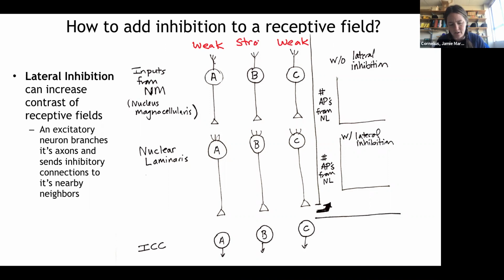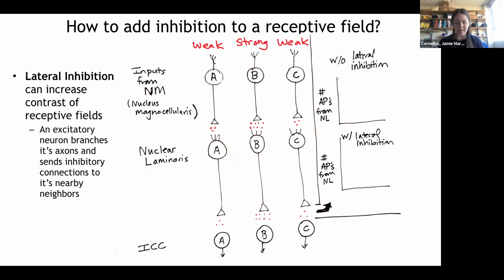And so you get strong excitation coming out of B. You get a lot of neurotransmitter out of B because it's the most excited, and then you get a little bit out of A and C because they're weakly excited. And so you're going to have the same down the line.